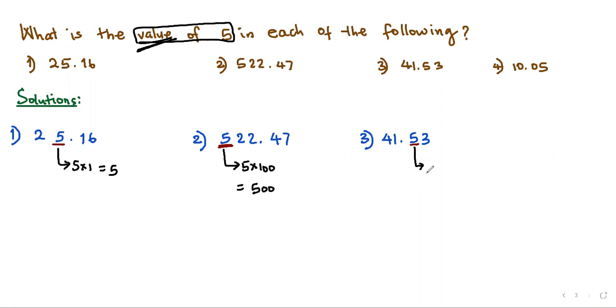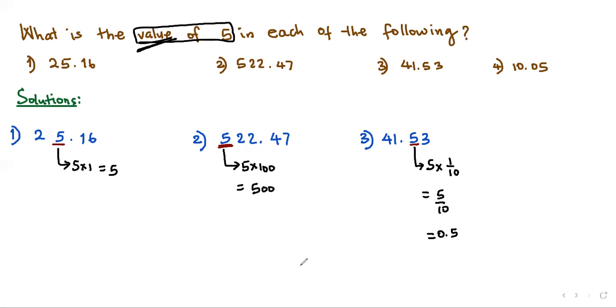Someone may ask, why 5 out of 10? We are having 5 times. The place value of 5 is a tenths, which is the same as 1 out of 10. So 5 times 1 out of 10 is the same as 5 out of 10. And this is 0.5. Is it okay?